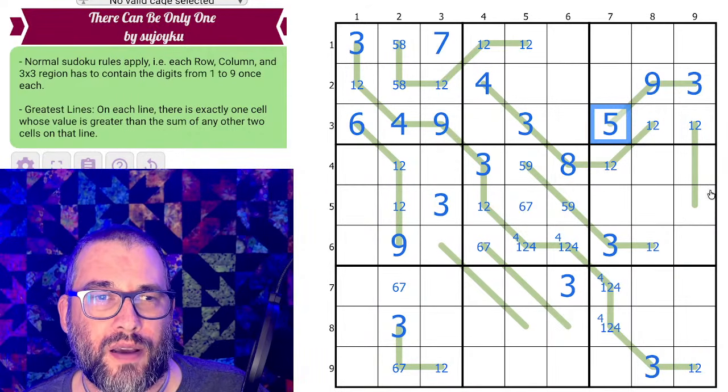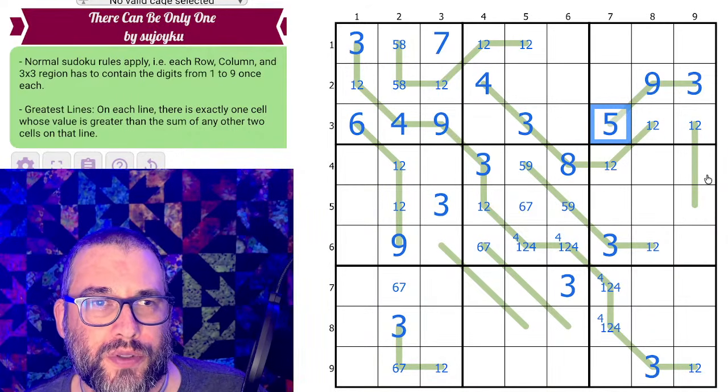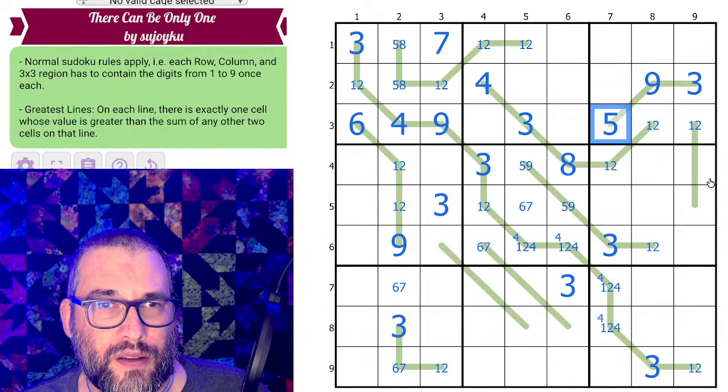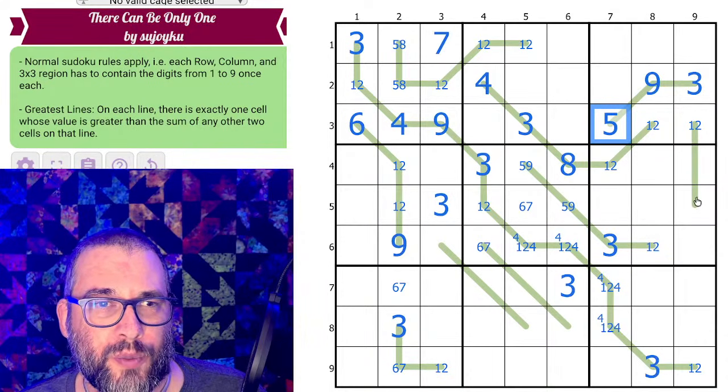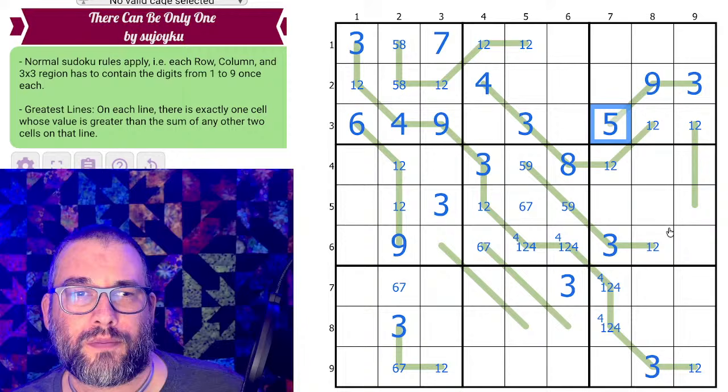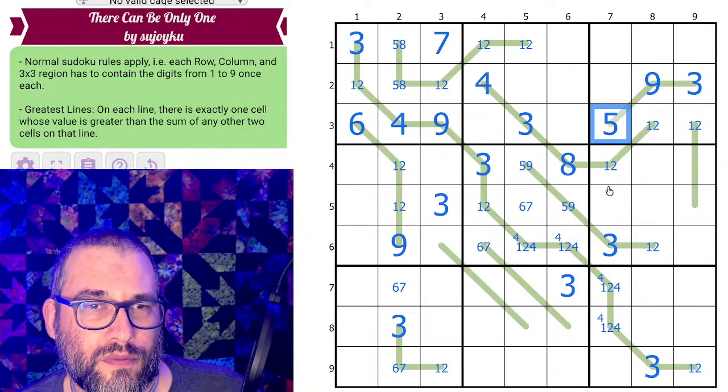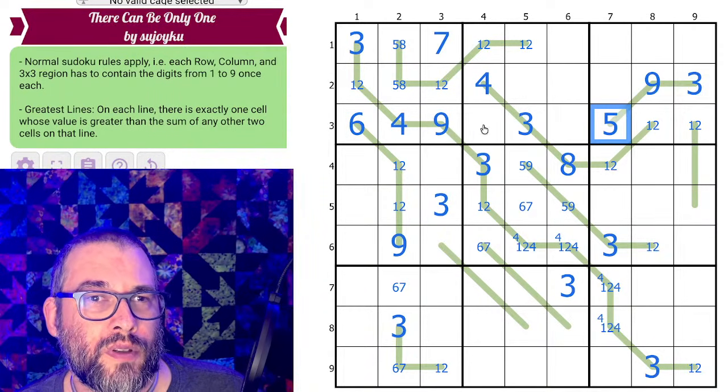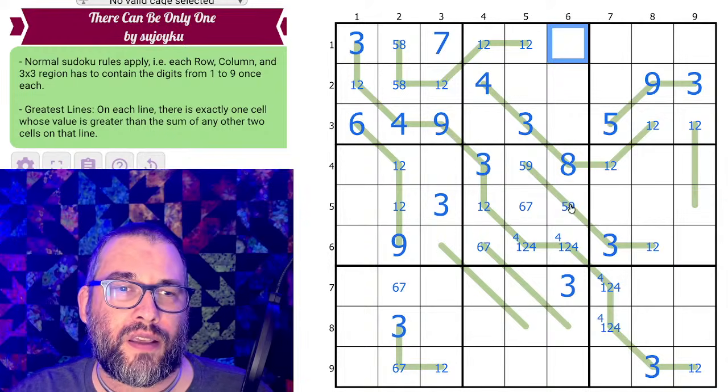I'm not above coloring the 1, 2s, but I think there's more we can do before then. 9 here.